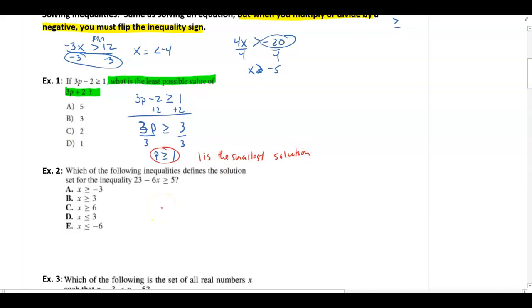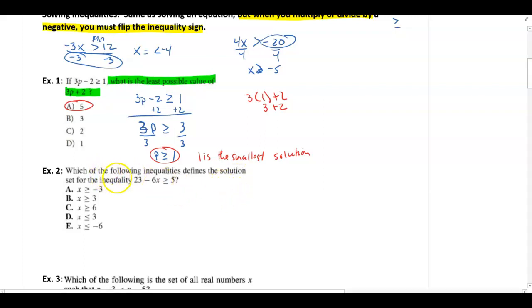Since all the other numbers are greater than or equal to 1, I'm going to plug 1 in there. 3 times 1 plus 2. 3 plus 2 would give me 5. Notice here that they do give you the solution that you should get, but that's not what they're asking for. So keep that in mind. Make sure you read the entire problem.